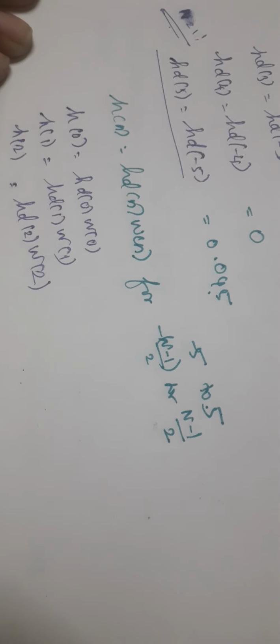So likewise, h of 3 is equal to hd of 3 into w of 3. H of 4 is equal to hd of 4 into w of 4. Like h of 5 is equal to hd of 5 into w of 5.